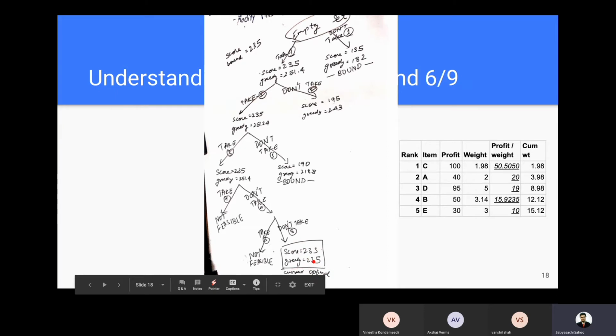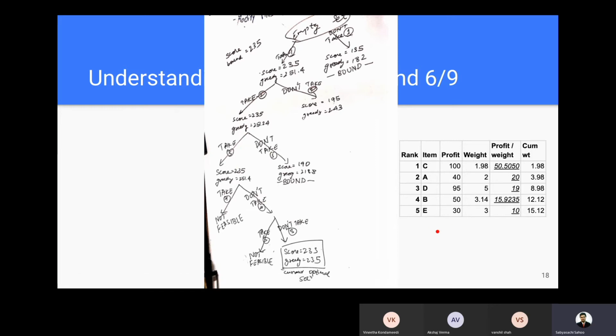In some sense, you stop here, or you bound it because you have achieved the best possible solution here. So why is greedy here? Because by take 1, take 2, take 3, don't take 4, don't take 5, after that there are no other items to take. So the 0-1 knapsack and greedy both will give us the same solution. Okay. So are we clear how we came?